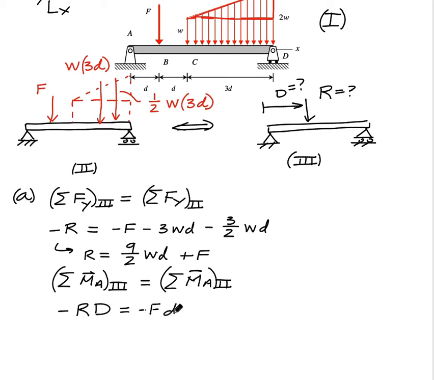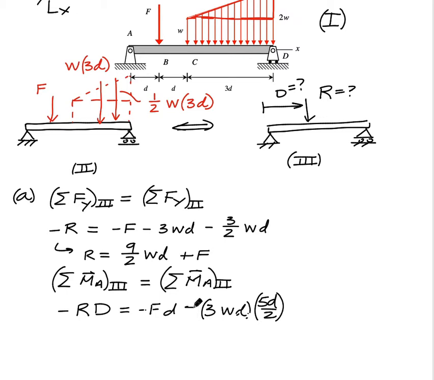That's the location of the concentrated force. The first resultant there of the constant part of that line load, that was 3WD. It has a moment arm of 5D over 2. And then the triangular part, and I think I wrote down the wrong sign here, that should be a minus.